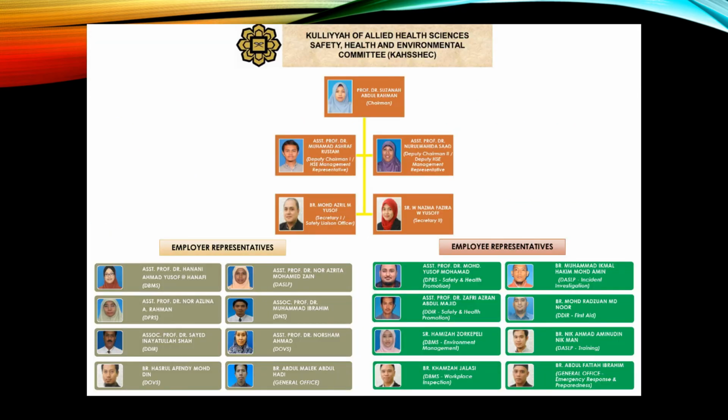These are members of the committee. You can see that most of the head departments are in the group, along with the clinicians, the technologists, and some academicians, and we have the dean being the chairman.